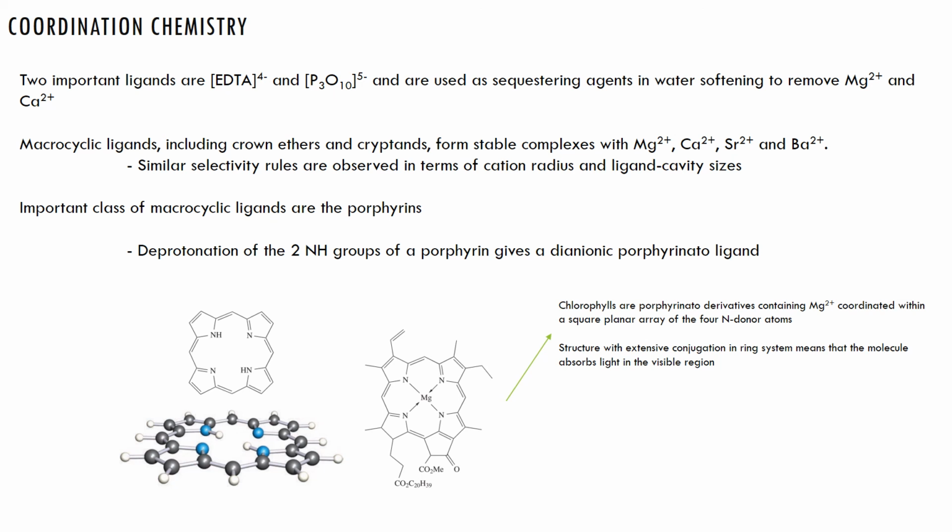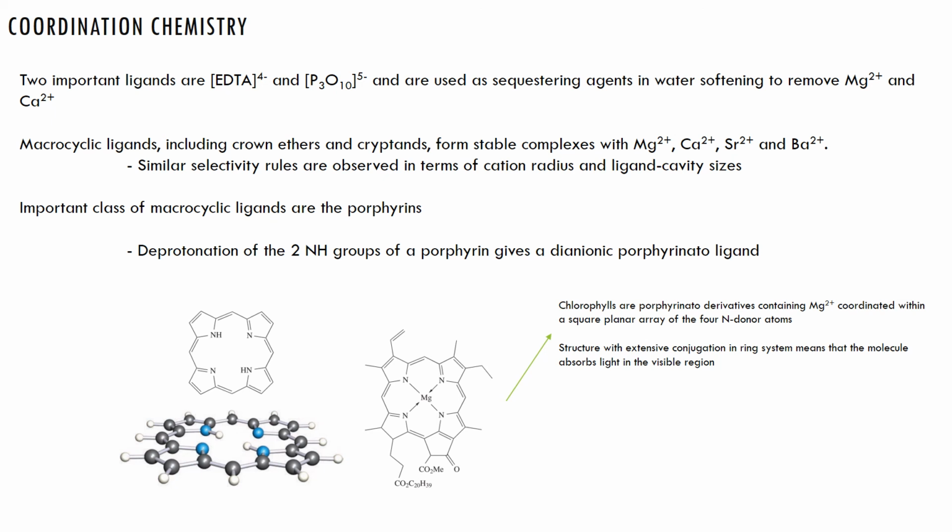Magnesium, calcium, strontium, and barium will form complexes with the crown ethers, just like the group 1 metals do. And again, there's a correlation between the ionic radius of the group 2 metal cation and that internal cavity radius of the cyclic ligand. And finally, an important class of macrocyclic ligands are the porphyrins.